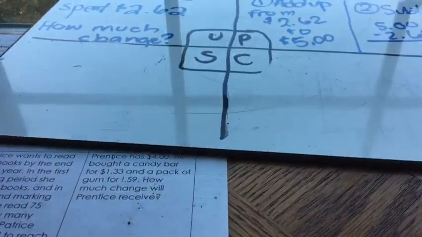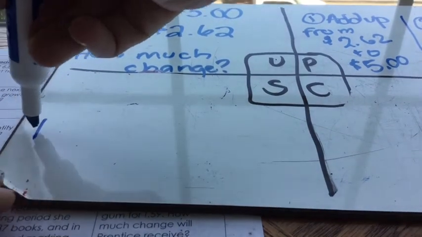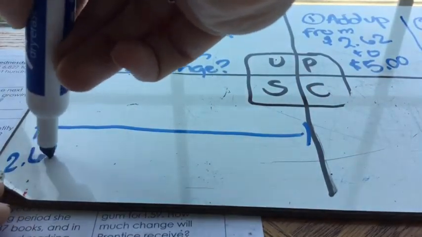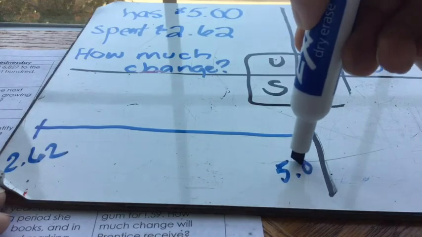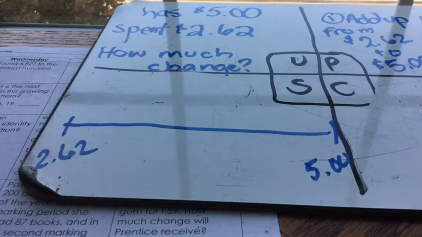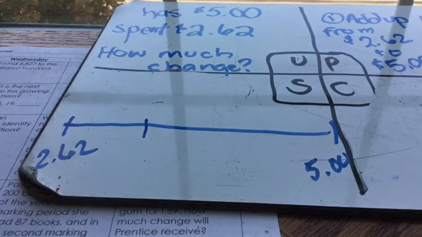Okay, so those of you who did adding up, if you did subtraction, you can stop there. Those of you who did adding up, we're gonna check that now. So we need to start at $2.62, and we're gonna go all the way to 5. Okay, so my goal is to get to the nearest 10. So after 262, what's my nearest 10?